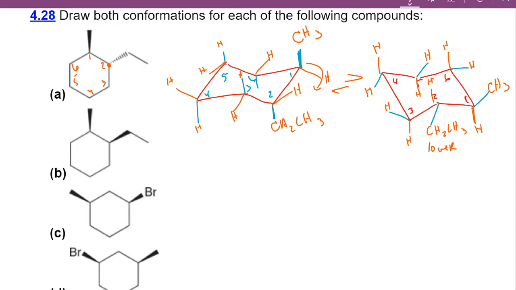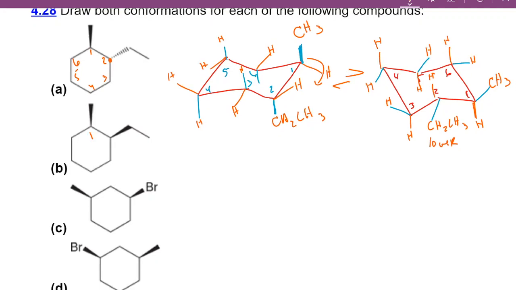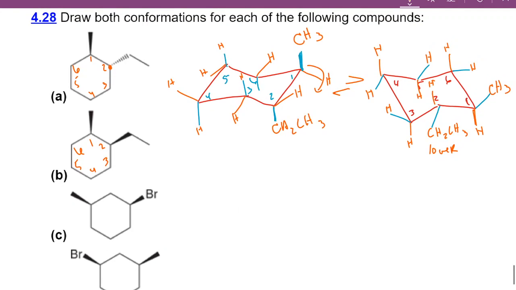Okay, so let's examine molecule B: 1, 2, 3, 4, 5, 6, and you'll just have to practice drawing these chair conformations. I'm going to erase the substituents on carbons 1 and 2 to draw B, so I won't have to redraw the whole ring.